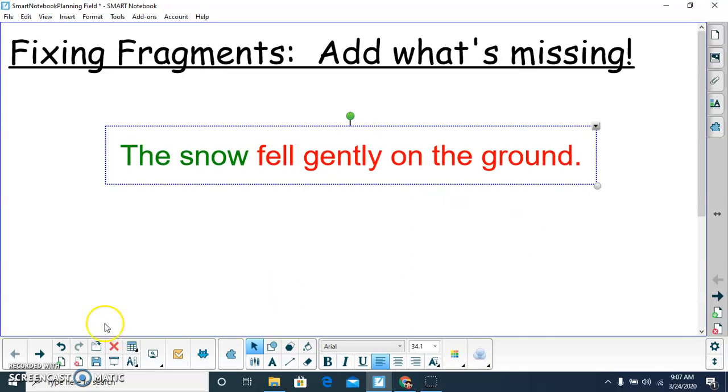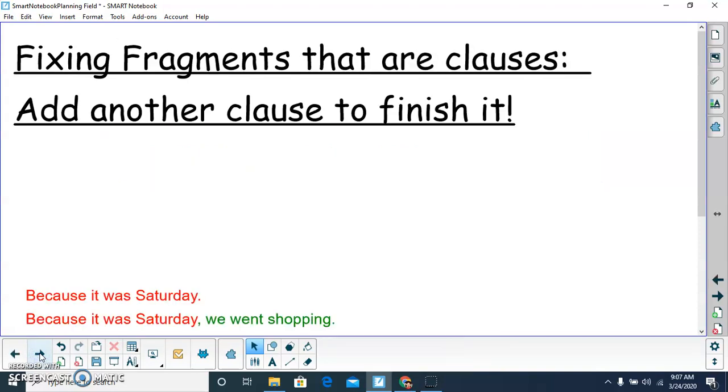Then there is another way to fix fragments. Sometimes you want to add what's missing that's similar. For example, you might have a fragment that has a clause.